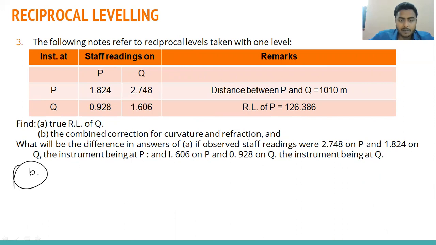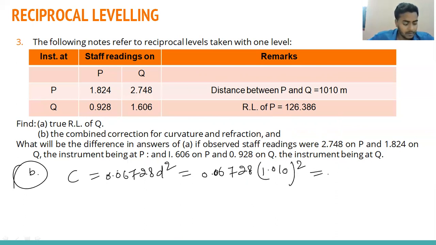The combined correction for the curvature and refraction: the formula that we have is 0.06728 d square, where d we put in kilometers, 1.010 square. By calculating, you will get this value 0.069.